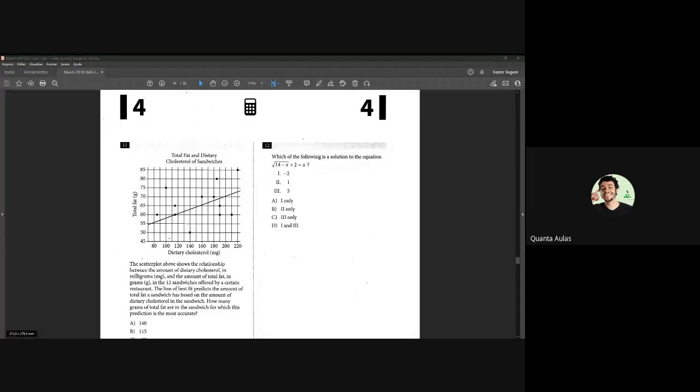12. Which of the following is the solution to the equation? Tá bom, vou fazer isso bem rápido.